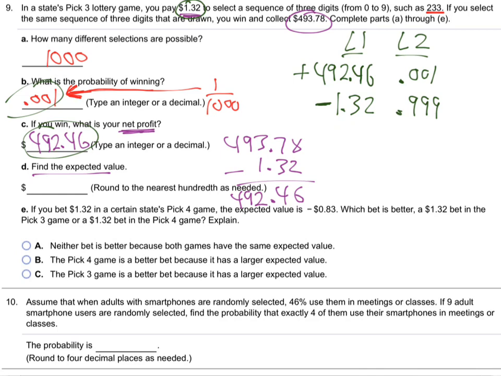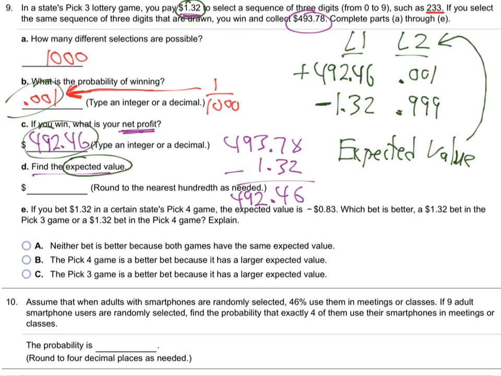So this would be a good thing to write on your 3x5 card. For expected value, if you see the words on the exam, and it's certainly on some of the versions, you should write yourself a note that says, make the L1, L2 list.